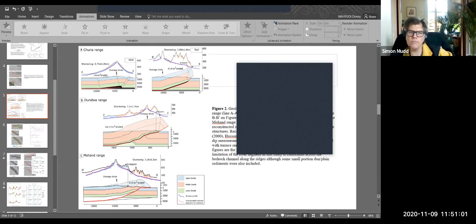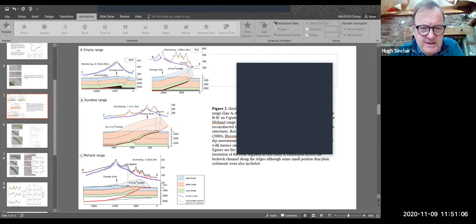Any other questions? I guess one thing I was interested in is thinking about that divide migration story that you've got there. I think this is really interesting. Morphologically, the drainage divide starts overlying the ramp where the structure goes from a flat to a ramp, and as shortening continues, that drainage divide migrates.